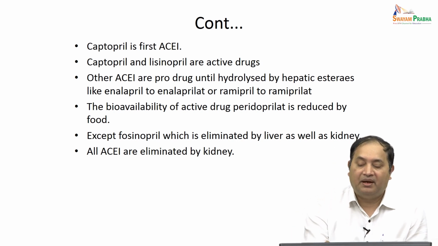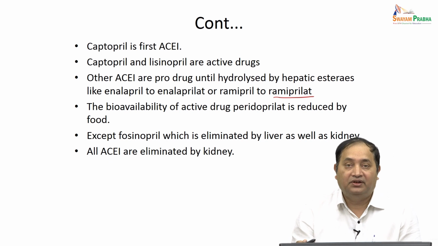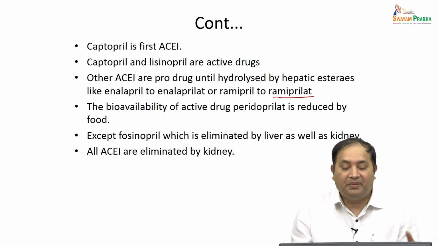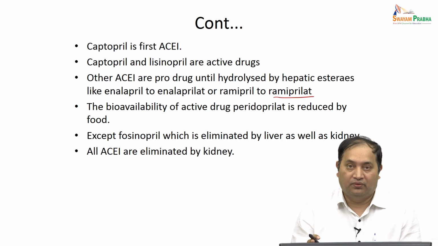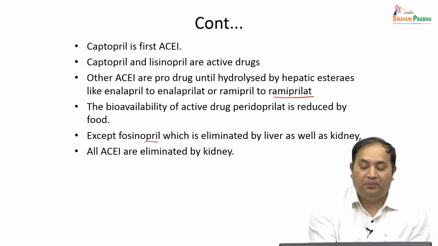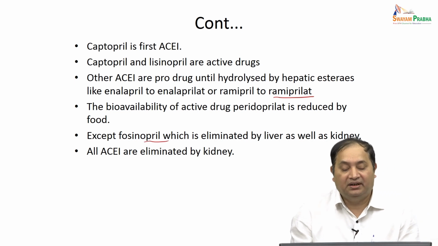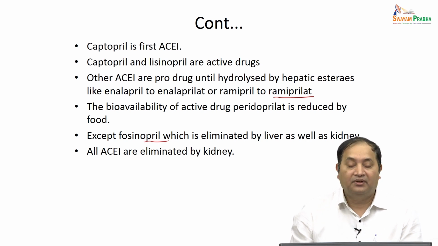It is this active metabolite that gives you the effect. The bioavailability of active forms like perindoprilat might be affected by interaction with food, so you will not get the effect. Fosinopril is eliminated by both liver and kidney, but all other ACE inhibitors are eliminated by the kidney in the urine.